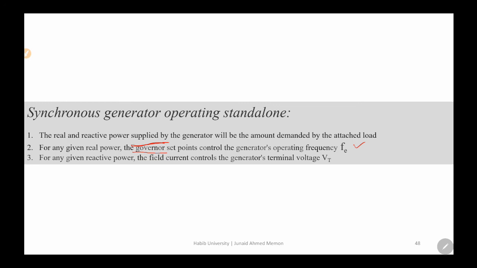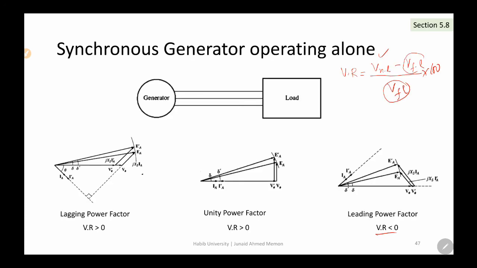And for any given reactive power, the field current controls the generator's terminal voltage. Of course we know that EA is equal to K phi omega. When you increase the field current, you will increase the EA. So in all these figures you will increase the EA, which means you will be increasing the diameter, the radius of the circle.